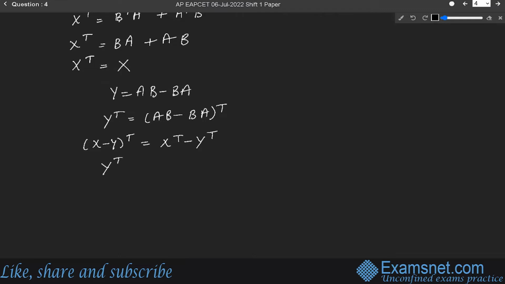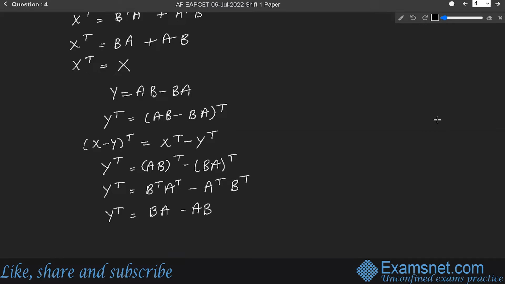So Y transpose will be equal to (AB) transpose minus (BA) transpose. So Y transpose will be equal to B transpose A transpose minus A transpose B transpose. The formula for the product is also the same, which is (XY) whole transpose is Y transpose into X transpose, and we have used it here. So Y transpose will be BA minus AB.